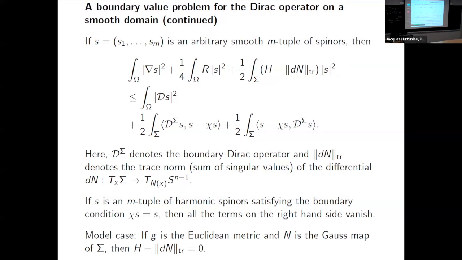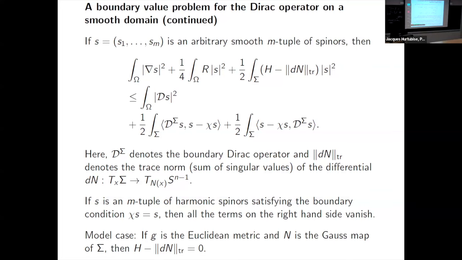So in that case, H equals the trace norm of Dn. And so in the model case, the solution of the PDE, the element of the kernel, would be parallel, and each term would vanish. S would be parallel, the scalar curvature would be 0, and H minus norm Dn would vanish as well.